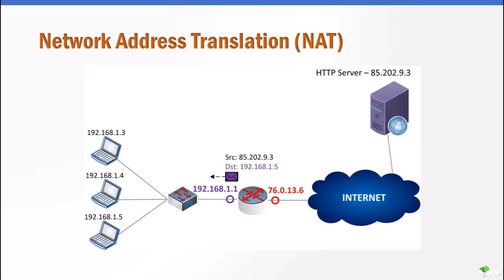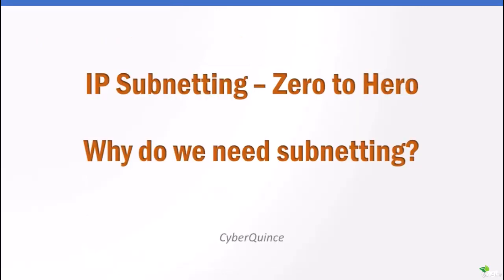The source IP address remains the same, but the destination IP address is changed from the public IP address to the private IP address. And then the router sends the packet back to the original sender, which is the 192.168.1.5 computer.